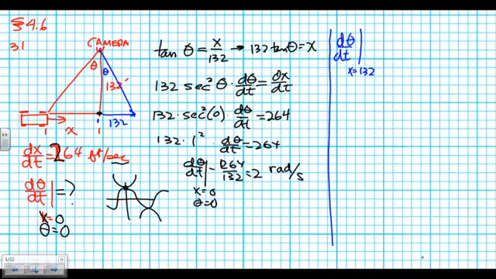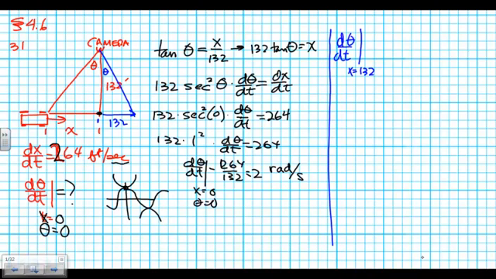Well, we've got an opposite side of 132 and an adjacent side of 132. That would be a 45-45 right isosceles triangle. The ratio of the opposite side to the adjacent side is 1. What angle does tangent have when it's 1?